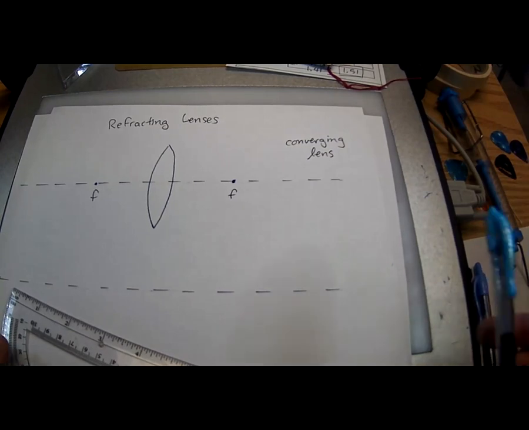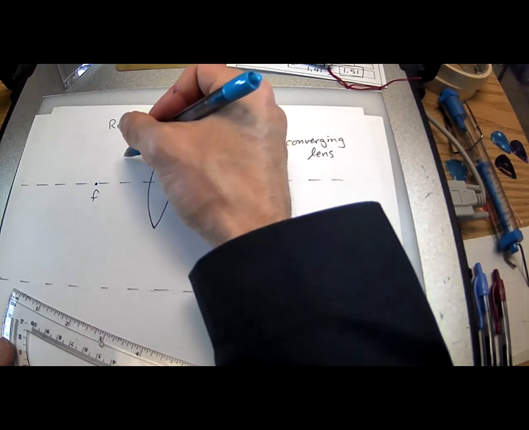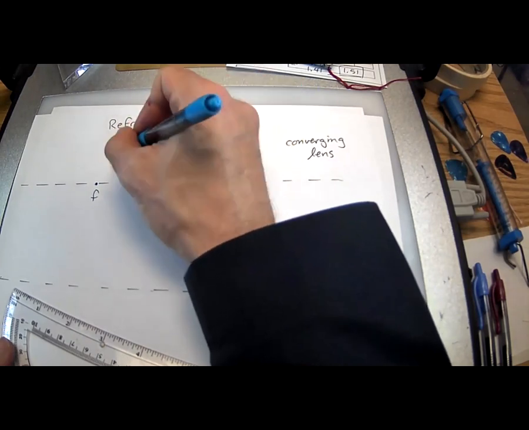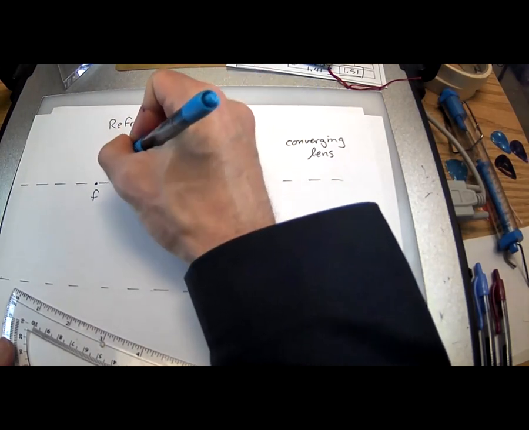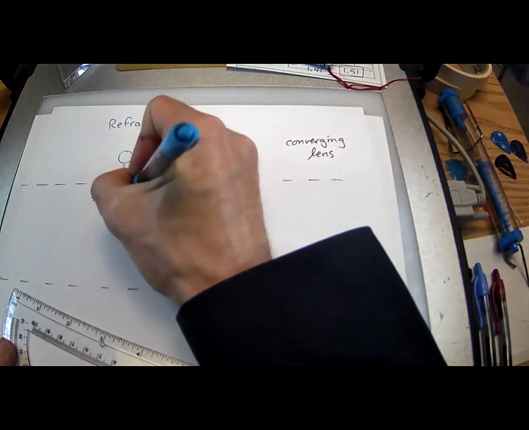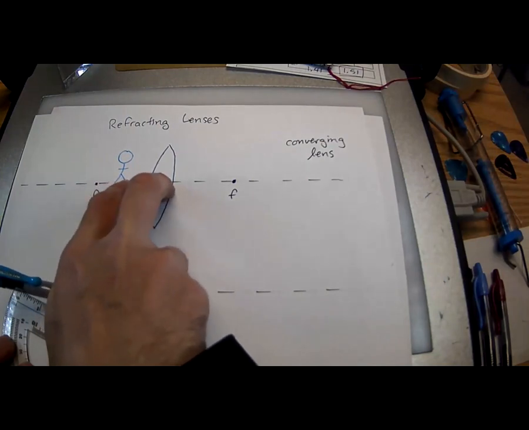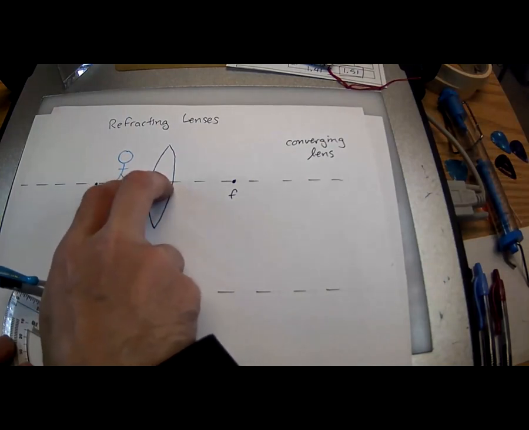Now in this first picture, I'm going to put an object within the focal distance. So here's my object. Here's the focal distance, the focal length, and the object is within that focal length.